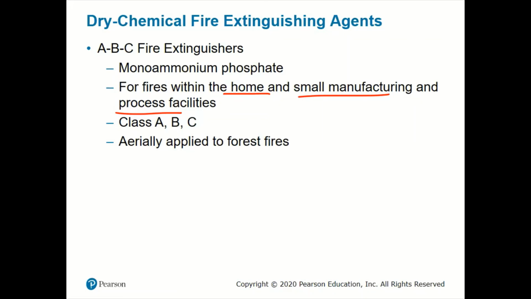And for the same kind of reason. Now, they are better on Class A fires than other dry chemical agents. So we will see that they will be dropped on forest fires from above. And that aerial action will help to do the same kinds of things, absorb heat, blanket the substance from interacting with oxygen, and so on.